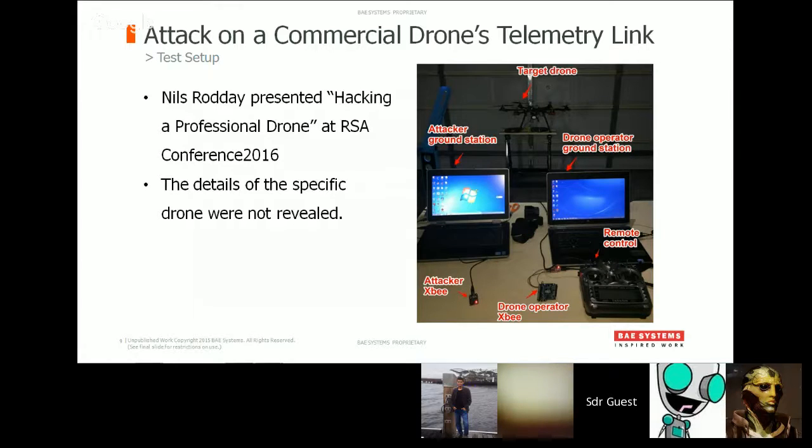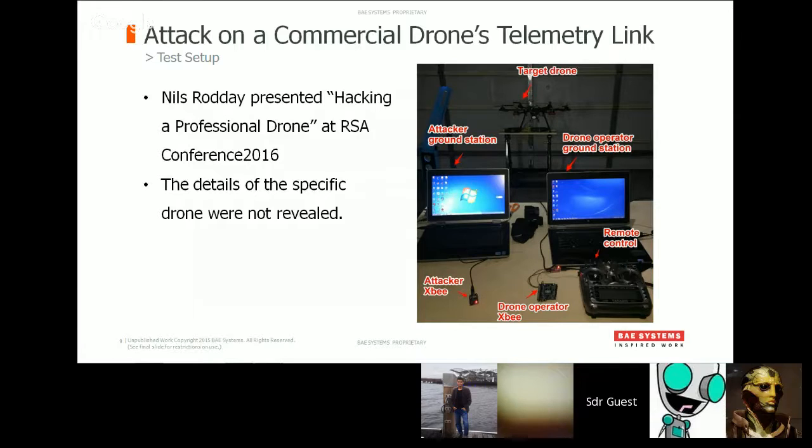Here we have a target drone, and on the right, there's the drone operator's ground station. Initially the drone is paired with the drone operator's ground station, and the drone operator can send a telemetry command to take off or land the drone, or he can also use the remote control transmitter to control the attitude and angle of the drone.